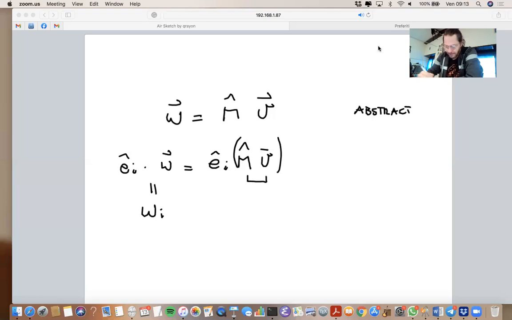Right? But again, this is still abstract. So let me also project the V vector into its components.